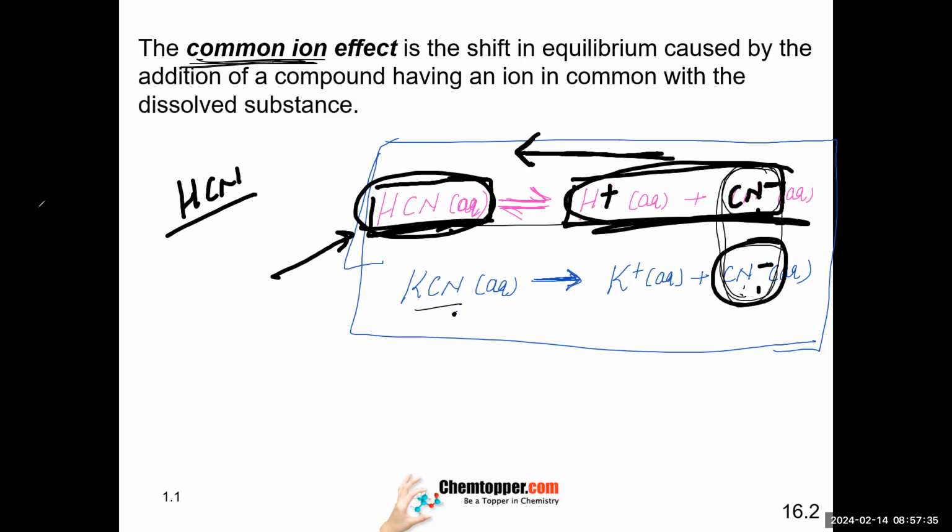My question is clear? The question says due to the common ion. Which common ion have we added? CN minus. Is the acid becoming stronger or weaker? That's the question.